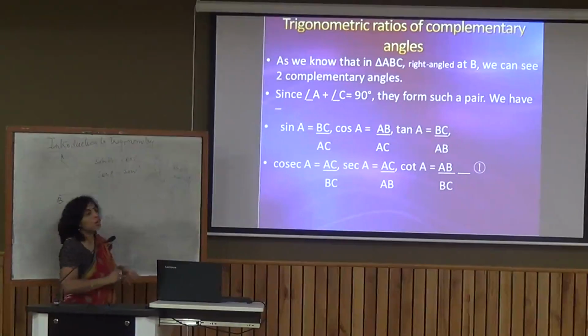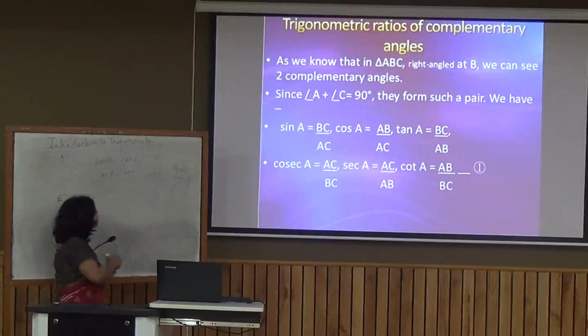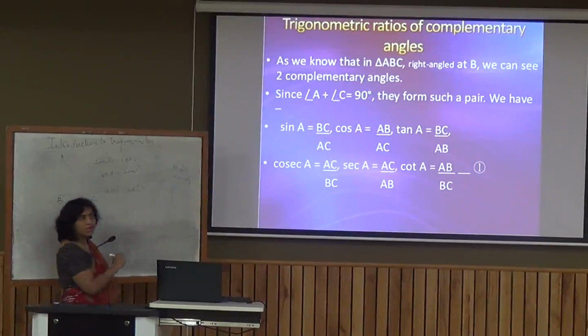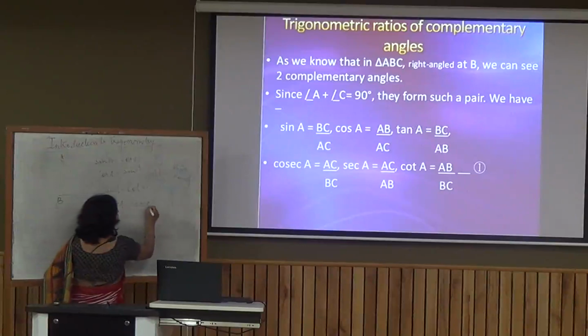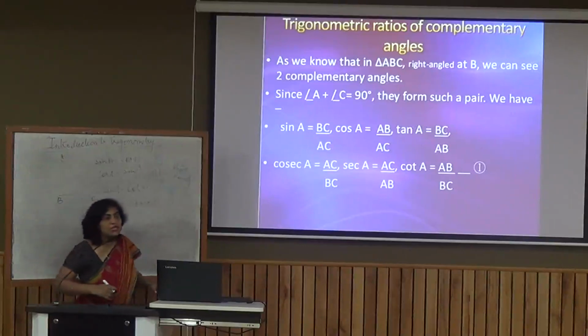That means for complementary angles, sine and cos are equal, and we had seen that tan A was equal to cot C. So tan and cot are equal for complementary angles, and sec and cosec are equal for complementary angles.